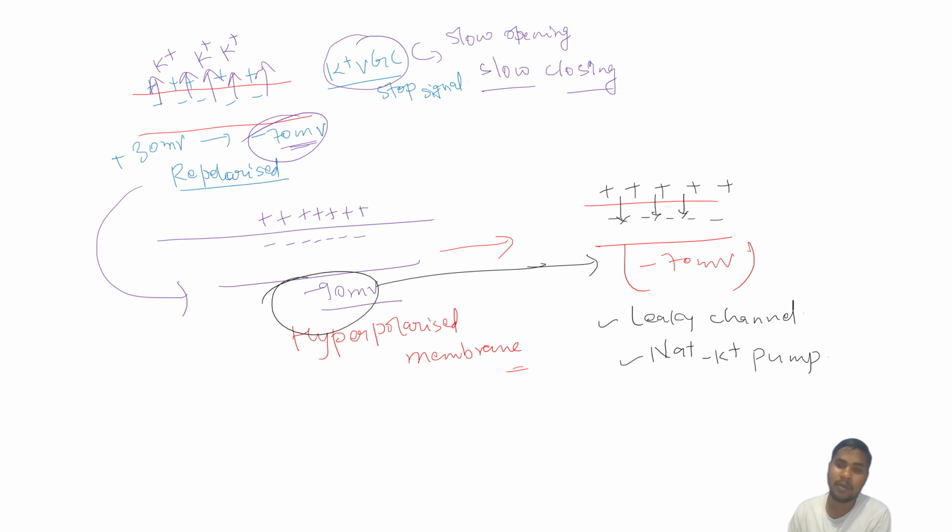So this is the overall mechanism of the generation and conduction of the membrane potential. Now the next point is that the nerve impulse is moving from the dendrites towards the cell body, and from the cell body it is taken away by the axon to the axon terminal, or axon end.